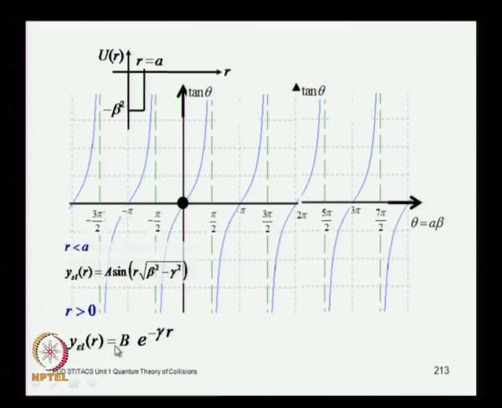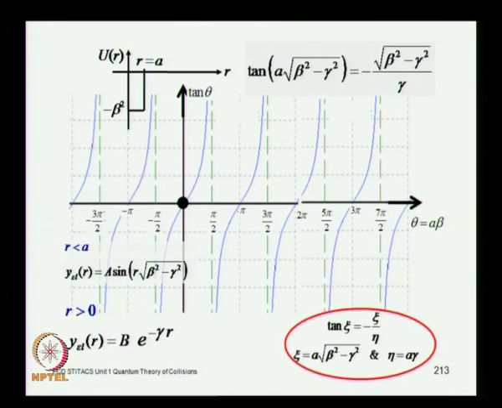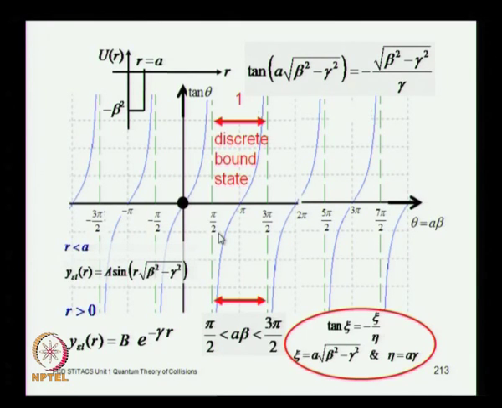That is the nature of the square well potential. In the range between pi by 2 and 3 pi by 2 you get one bound state. In the region between 3 pi by 2 and 5 pi by 2 you get two bound states.